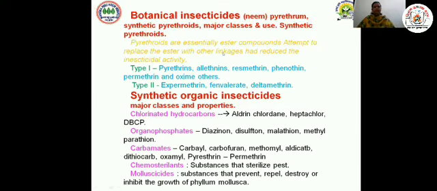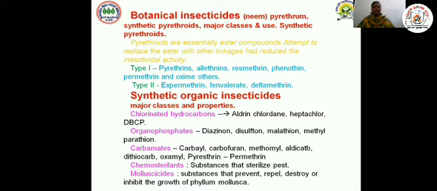Next is the botanical insecticides. Pyrethrum, synthetic pyrethroids, major classes used. Pyrethroids are essentially ester compounds. Attempts to replace the esters with other linkages have reduced the insecticidal activity. There are type 1 and type 2.